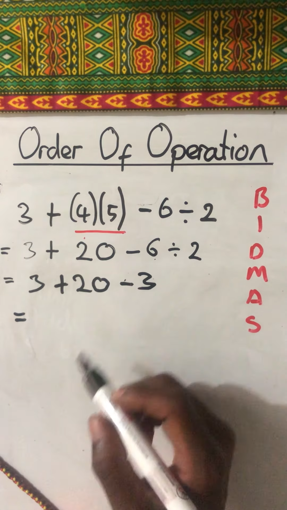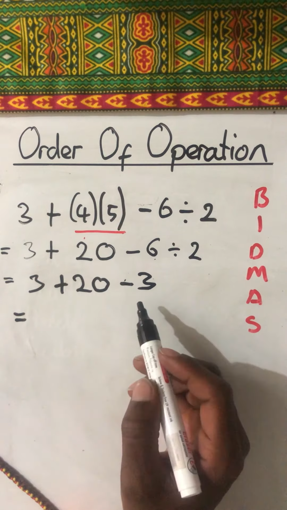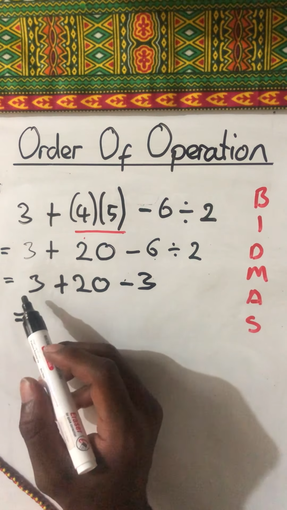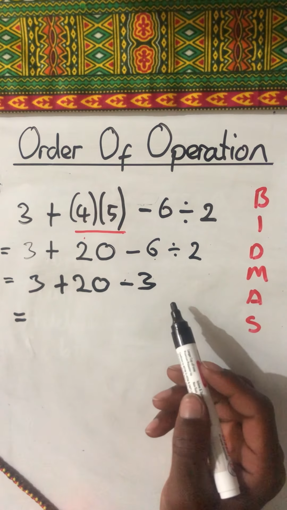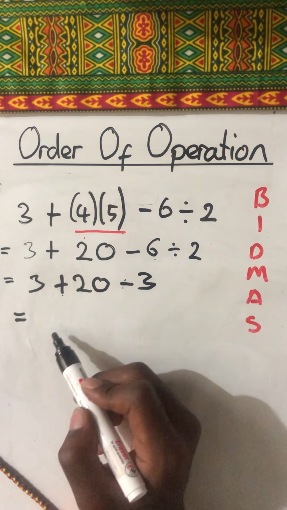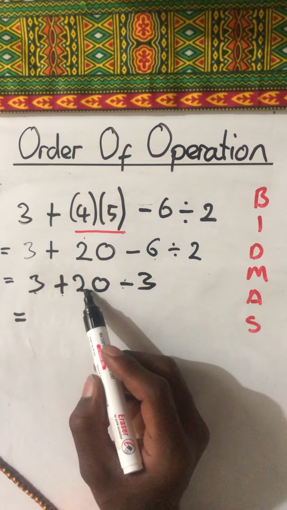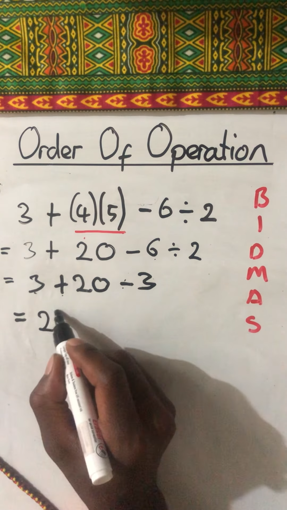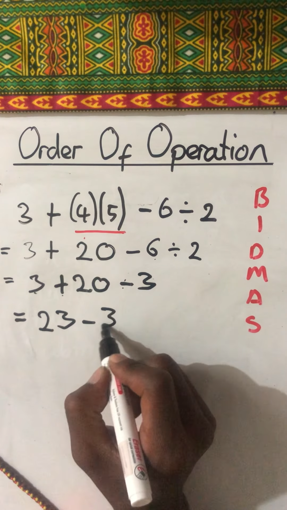Now we can simplify this because we have addition and subtraction. Just like in English, in mathematics, we move from left to right. Remember, these two are on the same level. So 3 plus 20 gives us 23, so we have 23 minus 3.